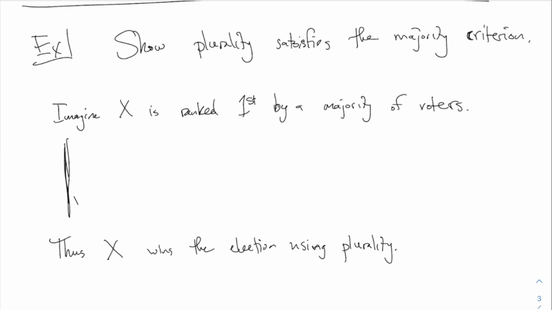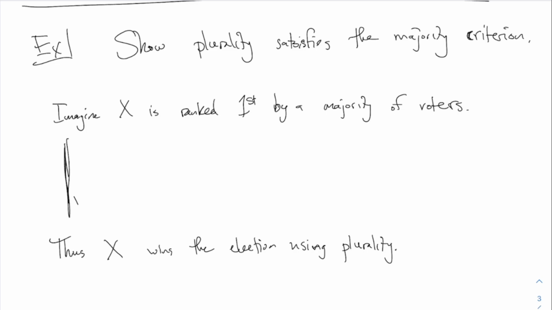Anybody want to try and fill in the middle here? It should be fairly obvious if you are thinking properly. Yeah, what do you think? Imagine X is ranked first by a majority of voters, due to the fact that the most first place votes win in the plurality system. X wins the election using plurality. Yeah, it's because they got the most votes, more than anybody else. And how do you know they got more than anybody else?